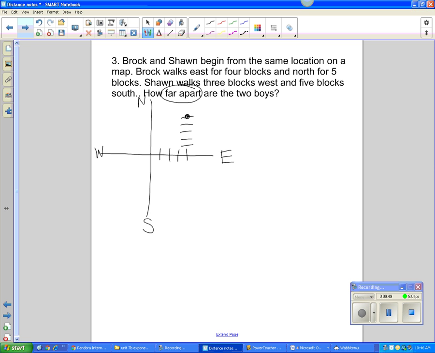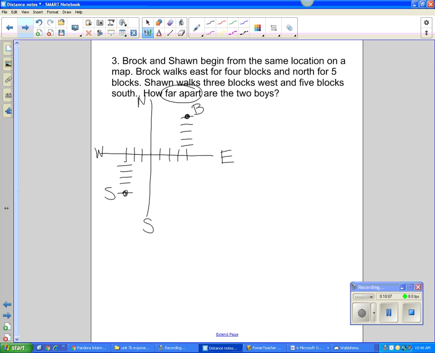Okay, so this is Brock. He walks east for 4 and north for 5. Zach, what does Sean do? All right, and then what? 1, 2, 3, 4, 5. All right, and that is Sean.